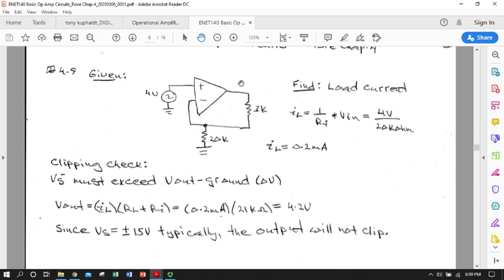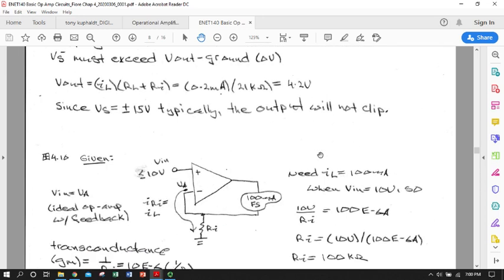So we would not expect any kind of clipping, any kind of diminution of the signal due to the supply limits. So that's a good check. Another check is a typical 20 milliamp max output. And of course we're a couple of orders of magnitude below that, so we are safe both on the voltage clipping side and on the total current side.